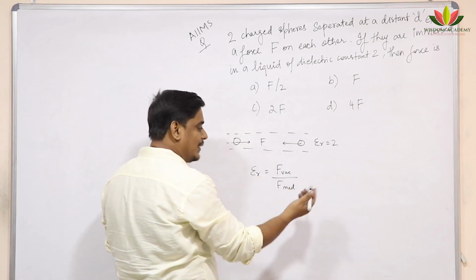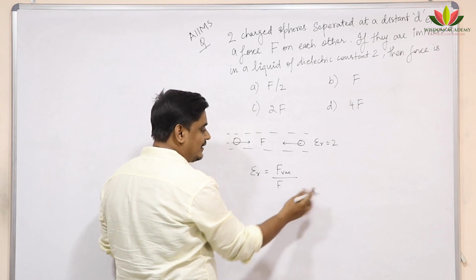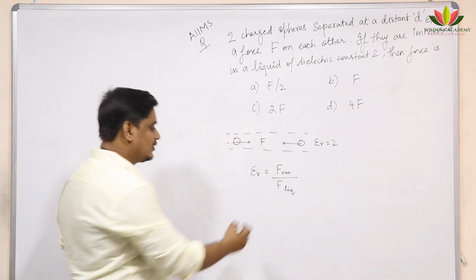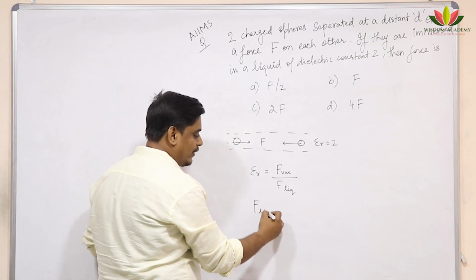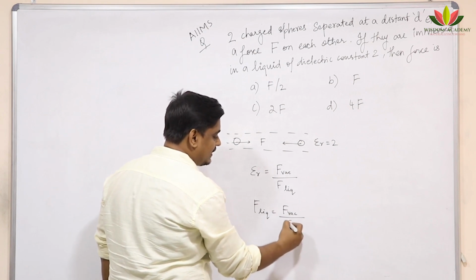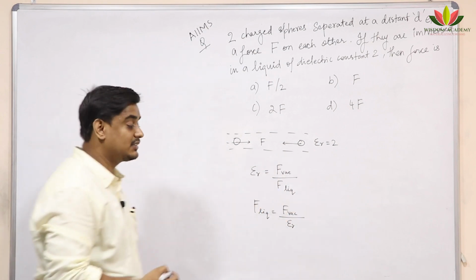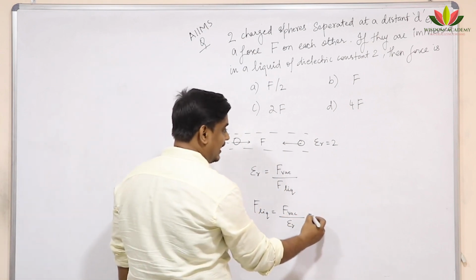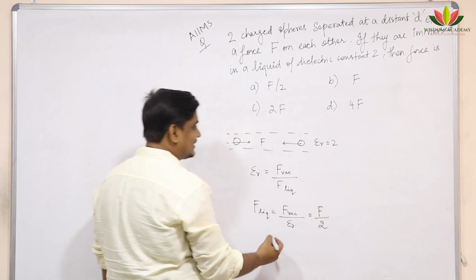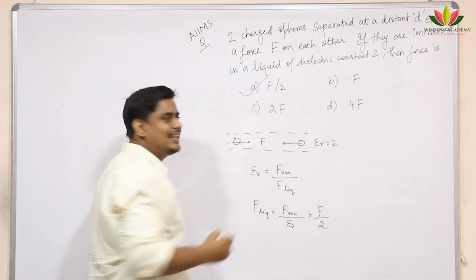Here the medium is liquid. What they asked you to find? Force. So F liquid will be equal to F vacuum by epsilon r, that is dielectric constant. F vacuum is given as F, epsilon r is 2. So the answer is F by 2. As simple as it is.